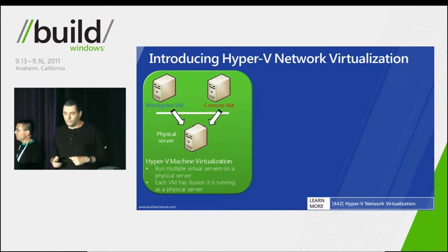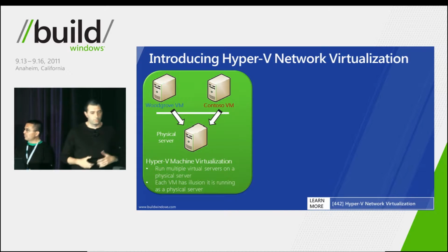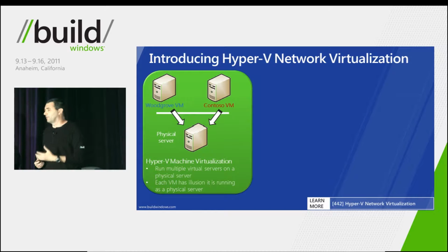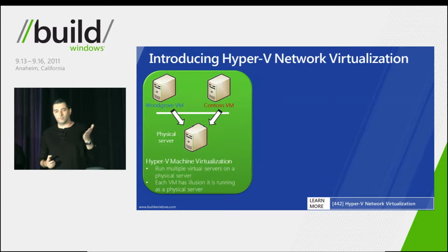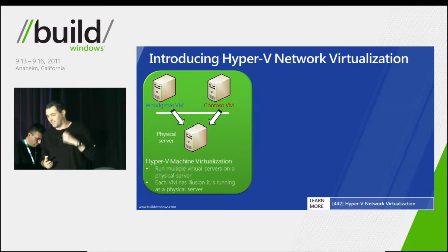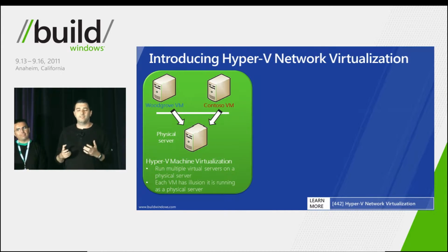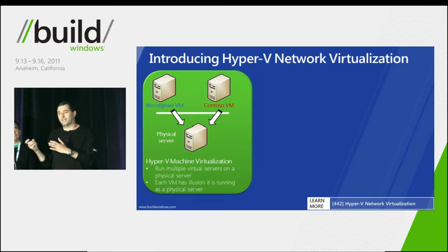So the way we're going to solve this problem, or the way Windows Server 8 solved this issue, is by introducing network virtualization. So you've seen a demo, some of you, at Ross's demo. And the easiest way to think about network virtualization is really by making the analogy to server virtualization.